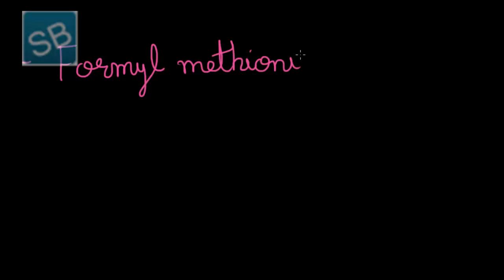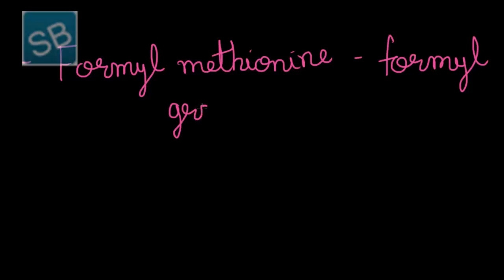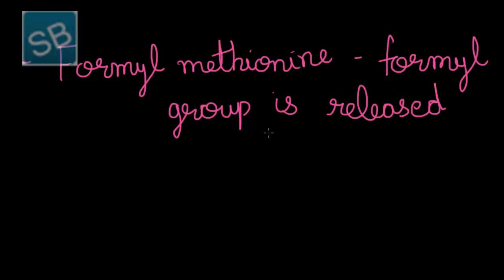In this, from the first amino acid of the released polypeptide chain, that is formyl methionine, as said that formyl methionine is the first amino acid that is formed during the peptide chain formation. So, out of this, the formyl group gets released. After which, the polypeptide chain becomes ready to perform its function.